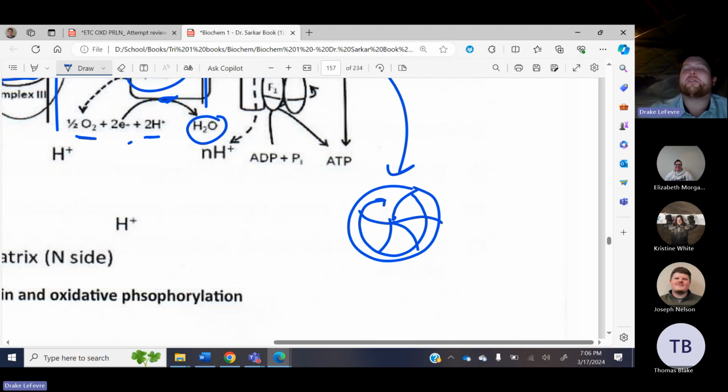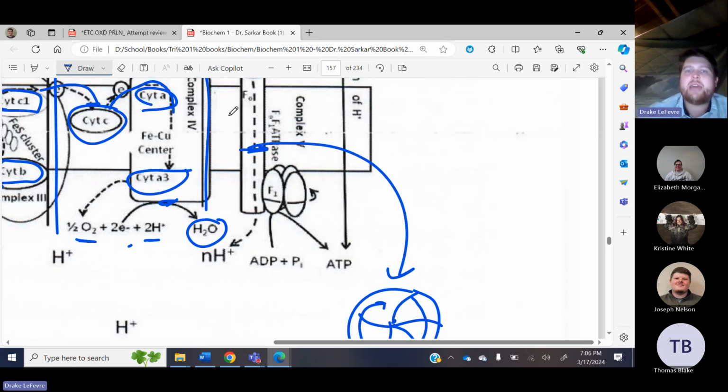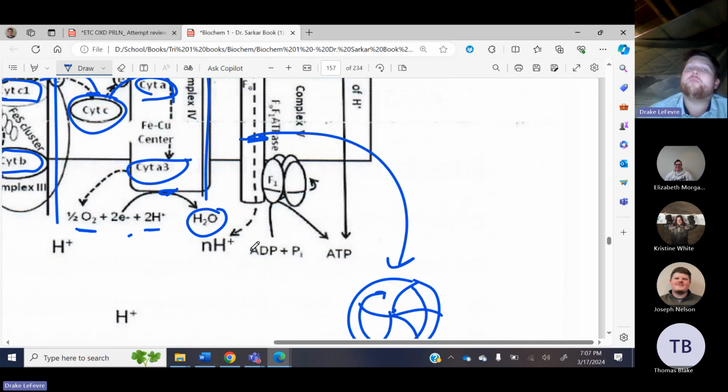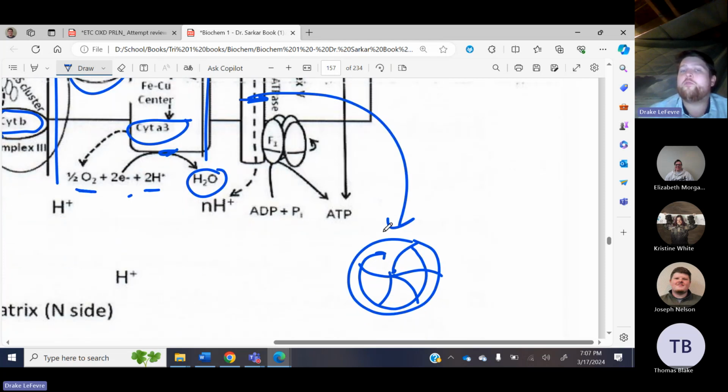So it's a mechanical movement. Think of water flowing through a dam turbine. That spinning movement energy, so we're taking a chemical gradient, potential energy, turning it into movement energy, and then we use that movement energy to convert it to chemical energy, to bind a phosphorus onto an ADP to create ATP, adenosine triphosphate, which is our main source of energy in the body.